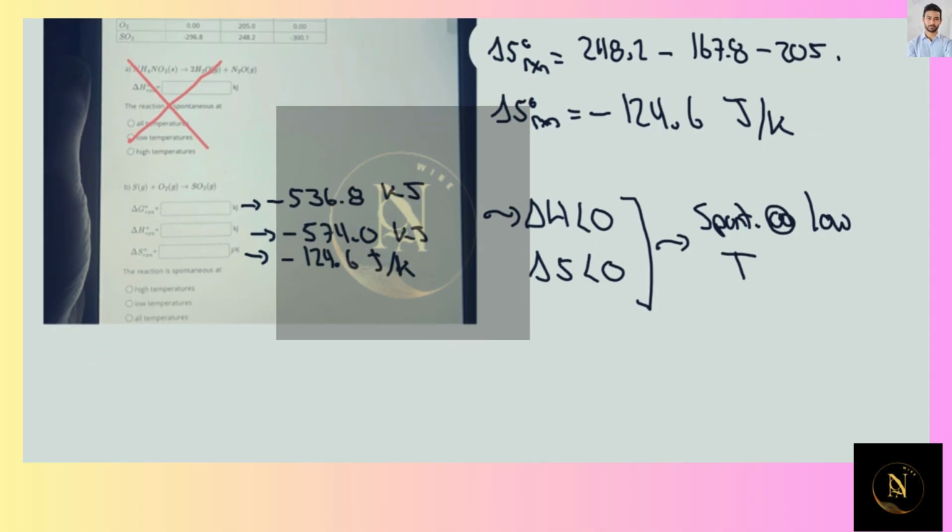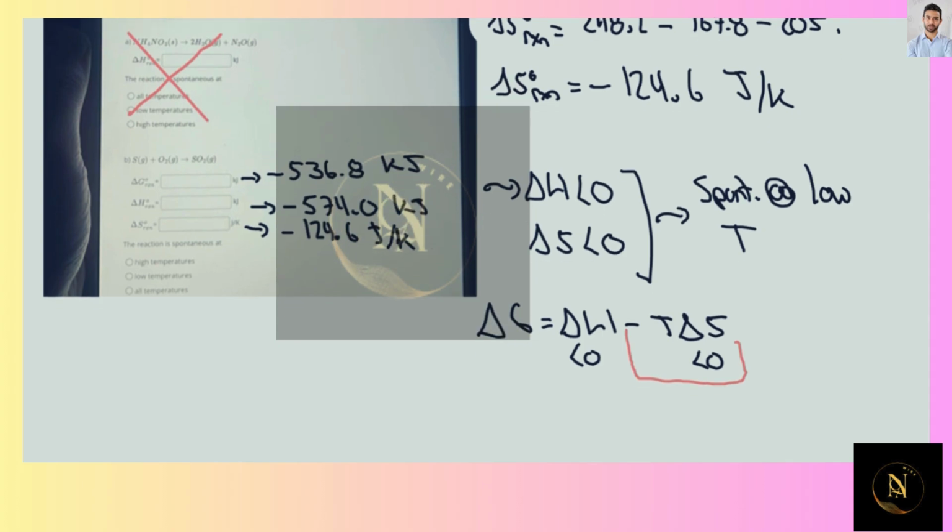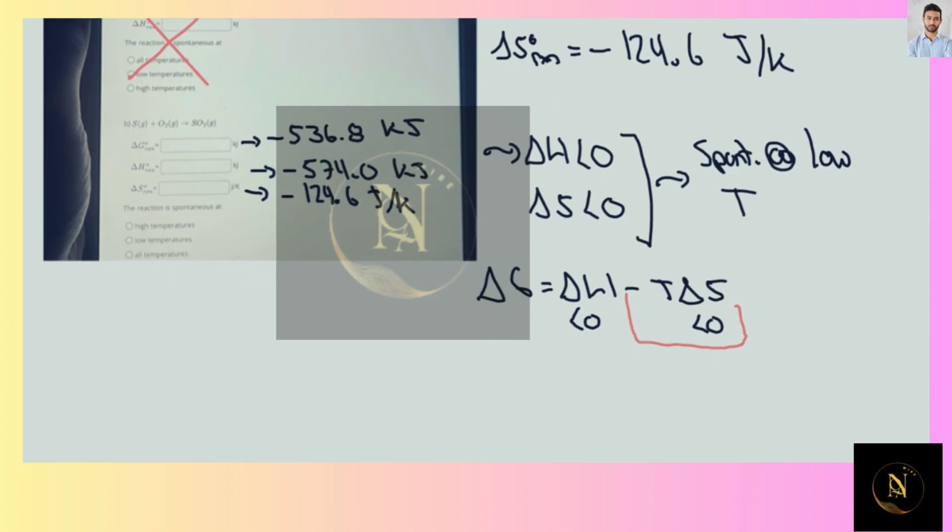If we look at the value for delta G, which is delta H minus T delta S, if delta H is lower than 0 and delta S is lower than 0, that means that this factor, minus T delta S, is going to become larger than 0. And the larger it is, as temperature increases, the less spontaneous the reaction becomes. So over here, the reaction is going to be spontaneous only at low temperatures.